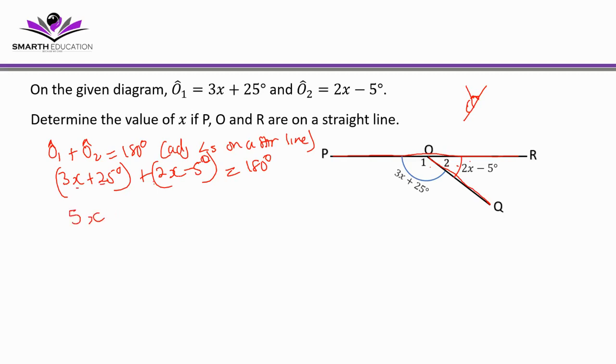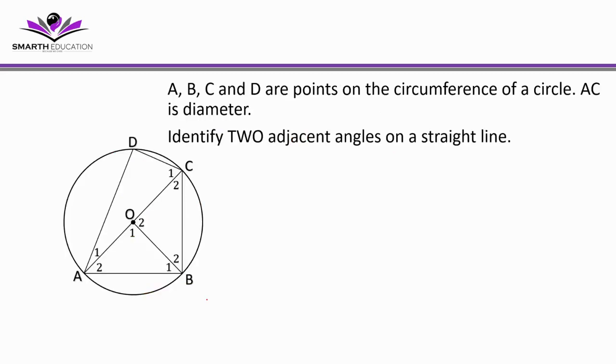Then 25 minus 5 is 20. So 5x plus 20 degrees is equal to 180 degrees. Then we subtract 20 degrees from both sides of the equation. So 5x is equal to 160 degrees. Then to find the value of x, we divide by 5 on both sides of the equation. So x is equal to 32 degrees.